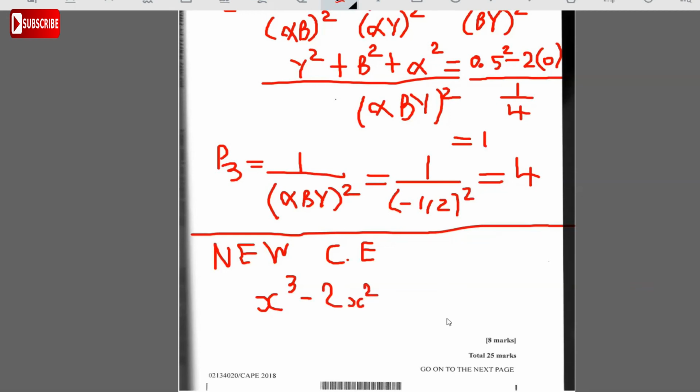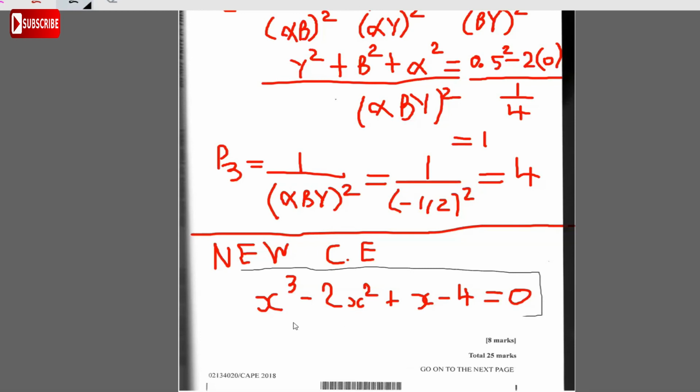The product of the roots is 1, so it is plus x, minus the product by 3 of the roots, which is minus 4, and that's equal to 0. That's the new cubic equation. Nice and easy. This takes care of module 1, module 2 time, onto module 3.